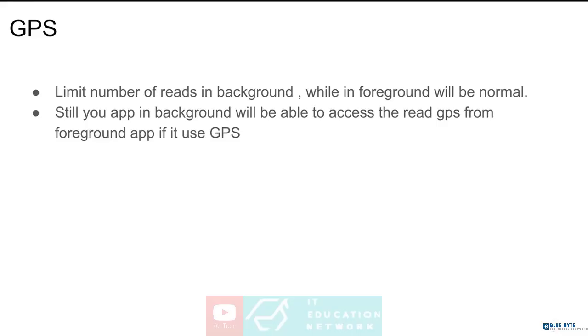So the idea here is that they give you a limited number of GPS reads when your application is in the background in Android O. And if you exceed your limit, so you have used all your limit for GPS, but there is still an application running in the background that is using the GPS value, your application could still use the value read by the other application.